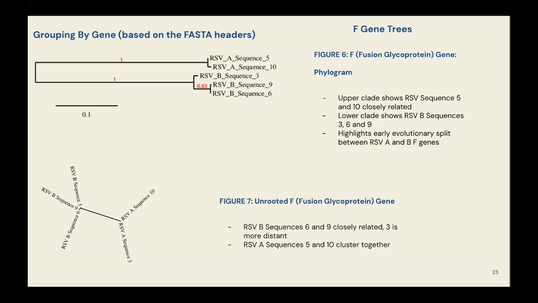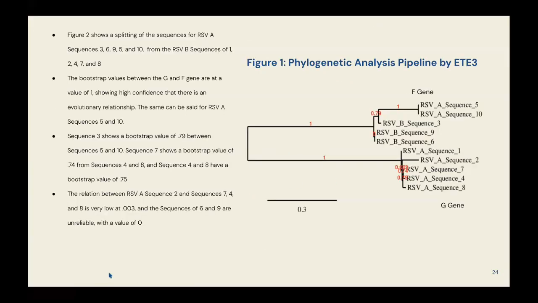Figure 7 is just again the unrooted version, and it shows us that RSVB sequences 6 and 9 are very closely related, 3 is a little bit more distant, and RSVA sequences 5 and 10 closely clustered together. So, figure 2 shows a splitting of sequences for RSVA, sequences 3, 6, 9, 5, and 10 from RSV sequences of 1, 2, 4, 7, and 8.